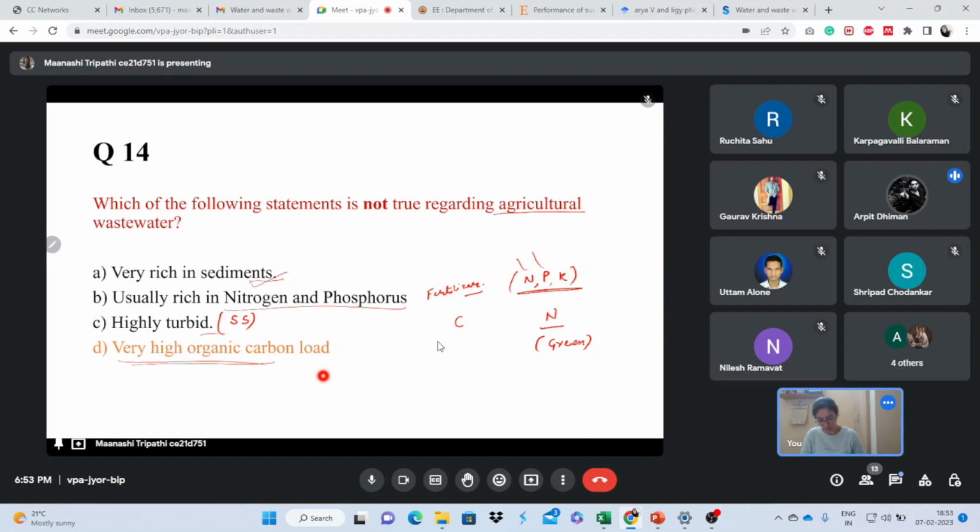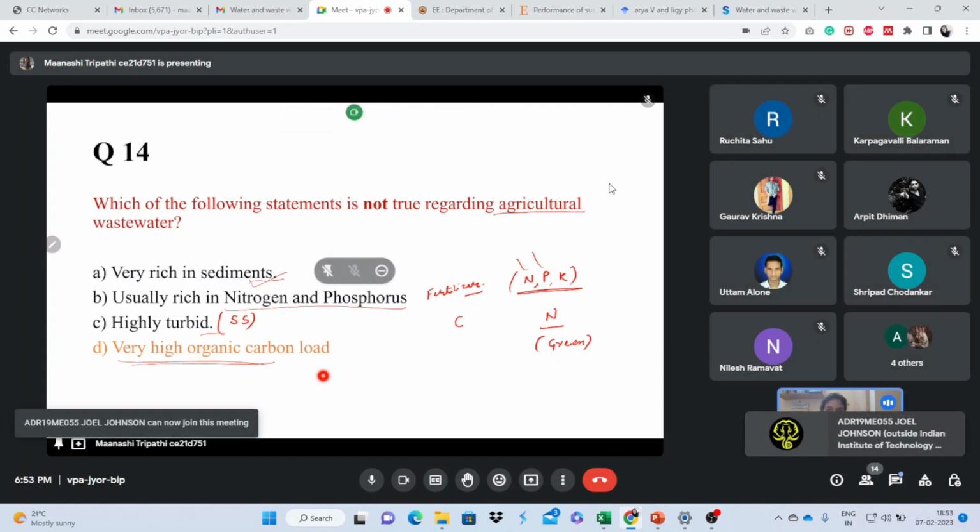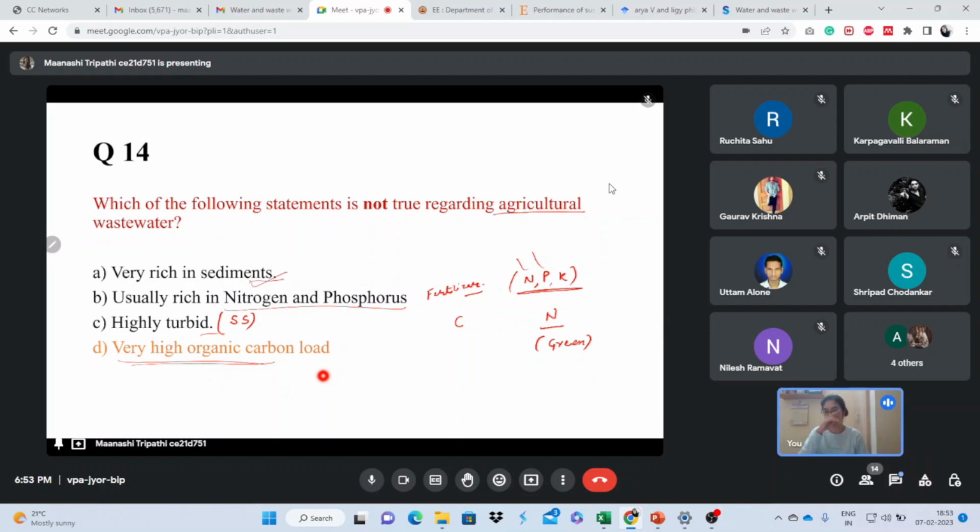Okay, no problem. I have a question. If any farmer is using manure as a fertilizer, like cow dung manure, will that contribute to the organic carbon load? Yeah, correct. It will give organic carbon load, but not very high. This statement is talking about very high organic carbon load.